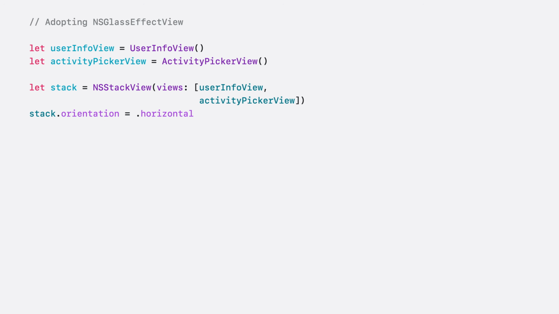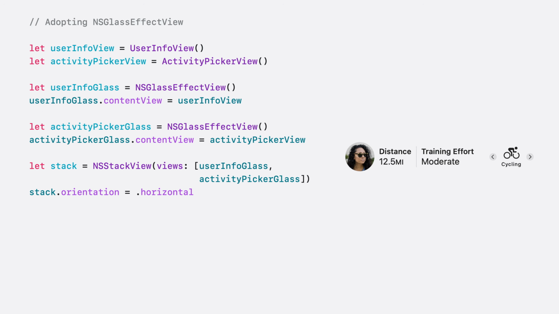In this example, I have a fitness app, which shows daily training stats and a custom control for picking the type of workout. I'm displaying them using a horizontal NSStackView. Now this is a prominent part of my UI, so I'm going to put both parts of it on glass. Adopting the liquid glass material takes just a few new lines of code.